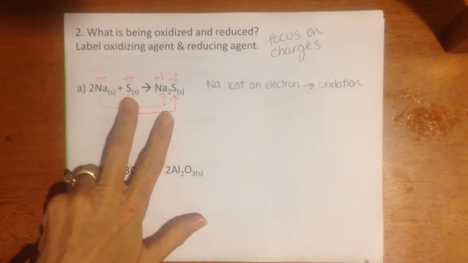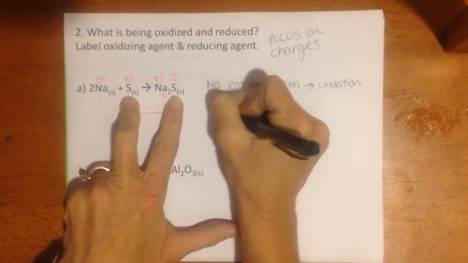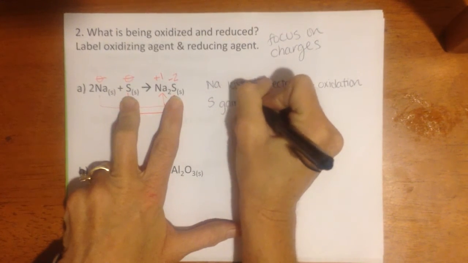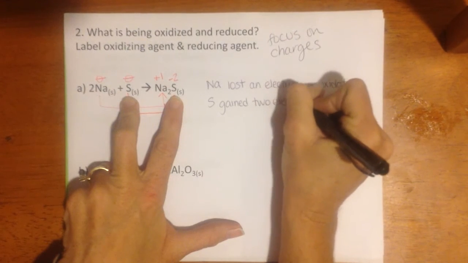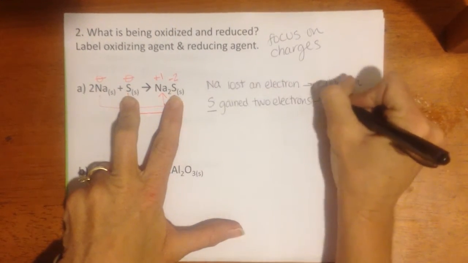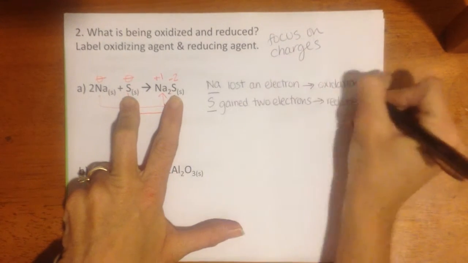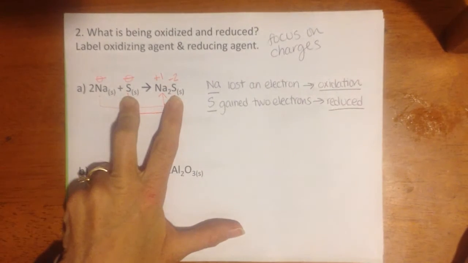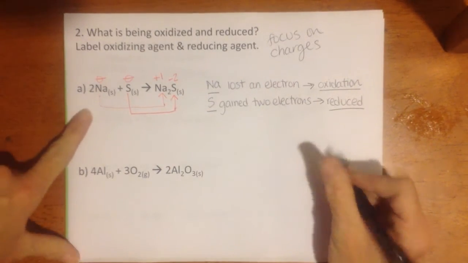Sulfur went from 0 down to -2, so sulfur gained 2 electrons in this case. So we would say sulfur is reduced and sodium is oxidized.